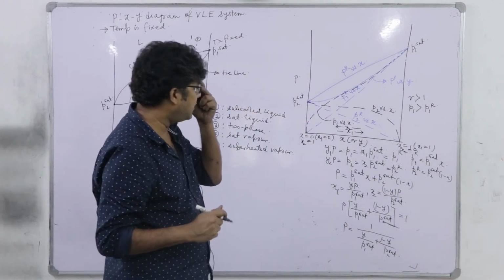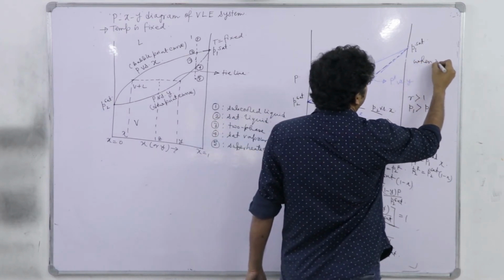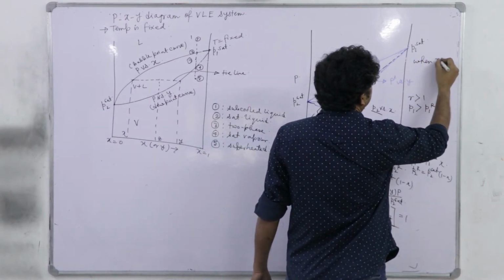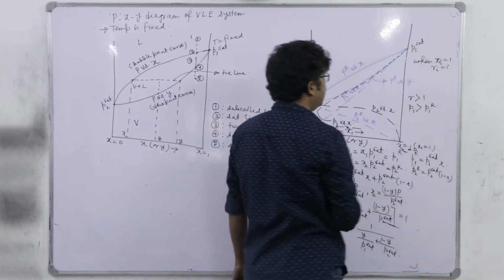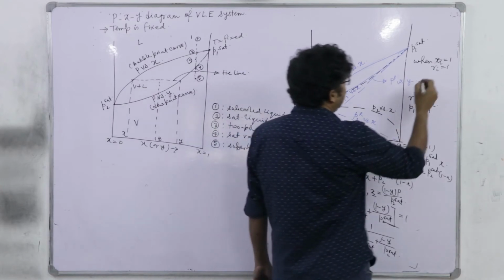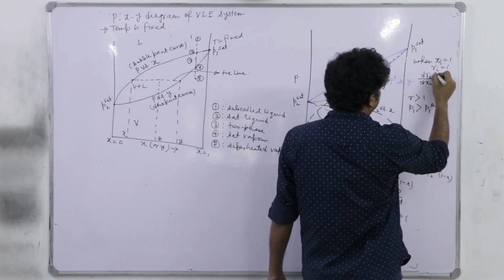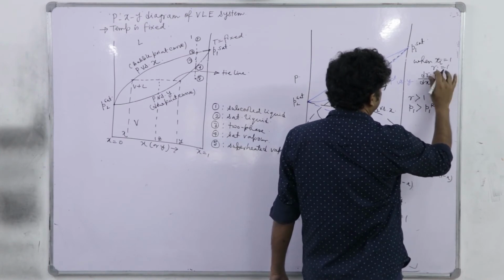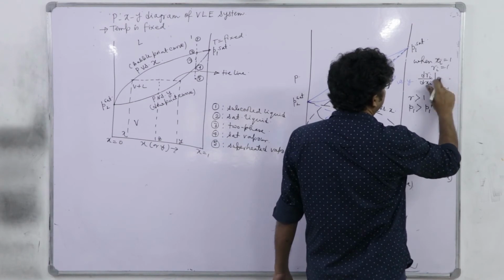Now, you try to understand that we already know that when xi equal to 1, gamma i equal to 1, so it is ideal, and we have proved that d gamma i dxi at xi equal to 1 is equal to 0.